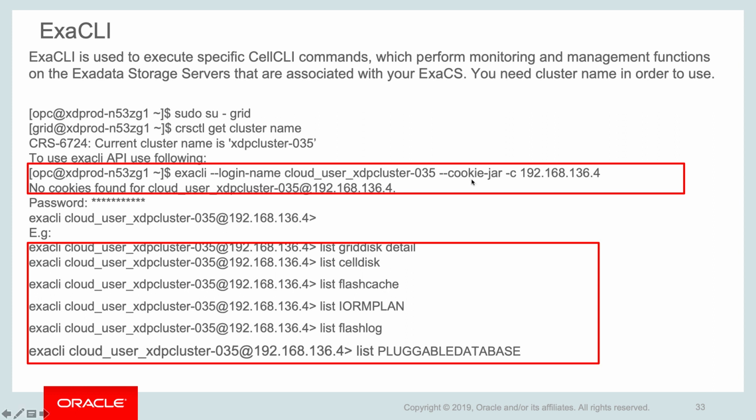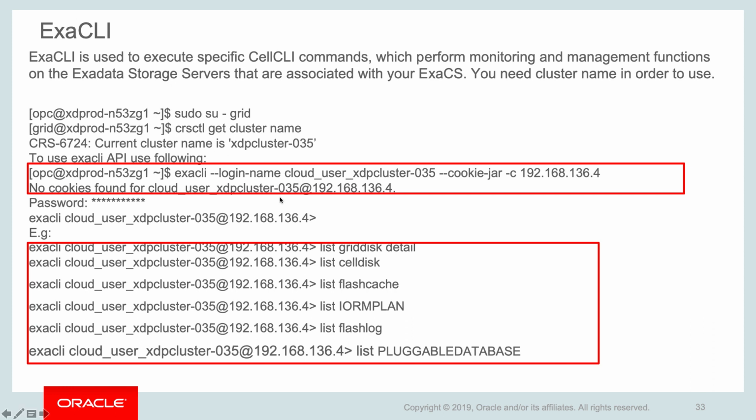In a quarter rack configuration you have at least 3 storage cells, so you can find the IP address and pass it to connect using the ExaCLI command. It will ask for the password, and this is the password you provided during provisioning of the ExaCS environment, the same password that goes with the admin user.